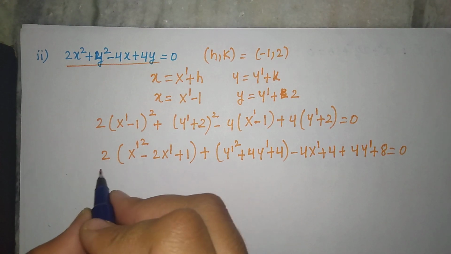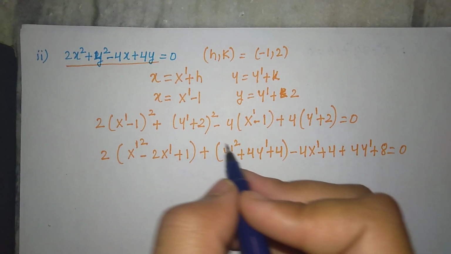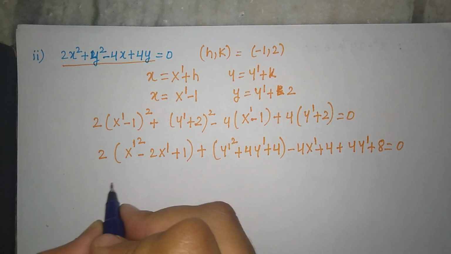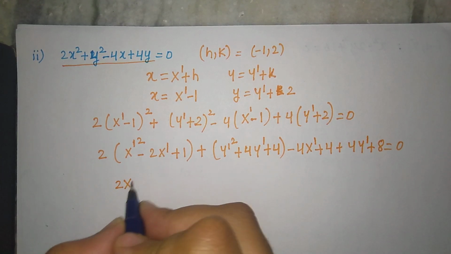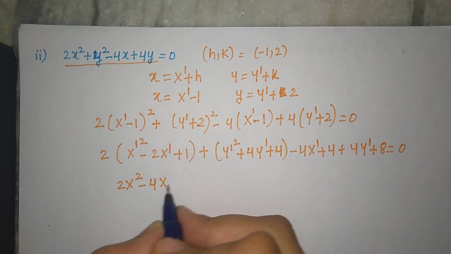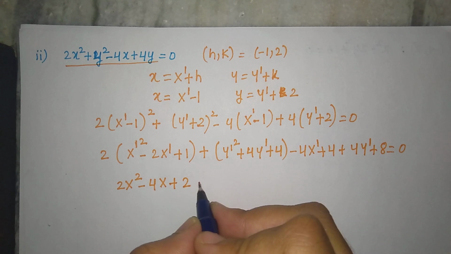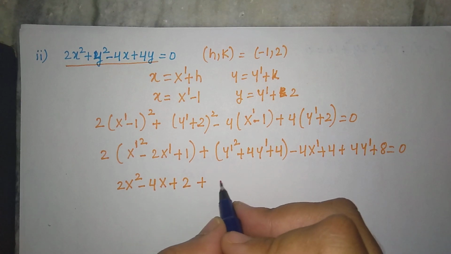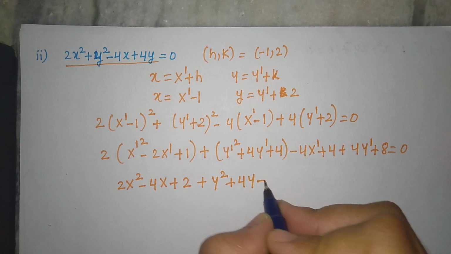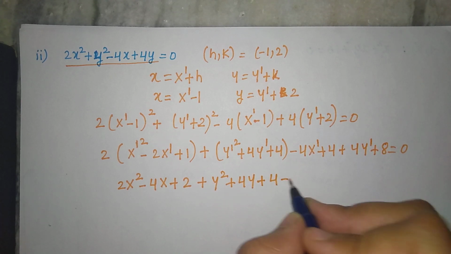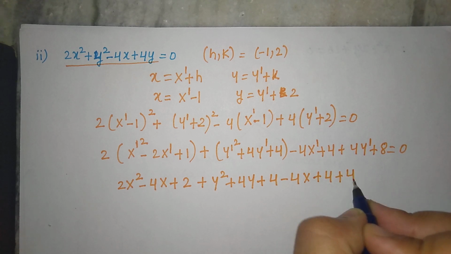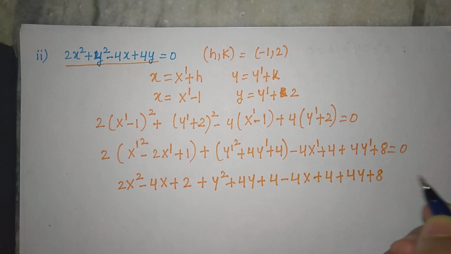So let's simply use capital X and capital Y. This capital X dash is becoming very hard. So 2 capital X square minus 2 2s are 4, 4 capital X plus 2, plus y square plus 4y plus 4 minus 4x plus 4 plus 4y plus 8.